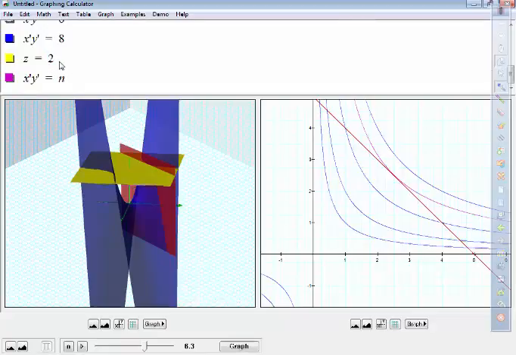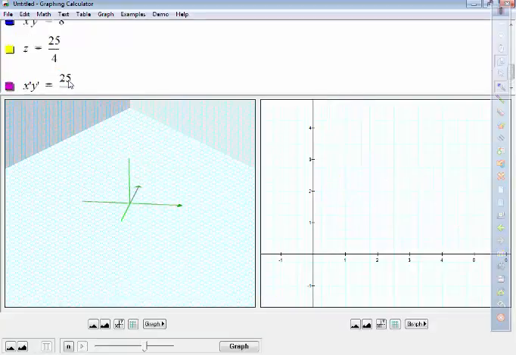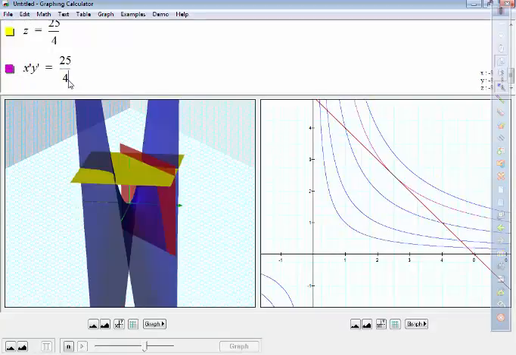If we put 25/4, we're going to get the exact level curve that we were looking for. So on the three-dimensional graph, you'll see it's at the tip. On this level curve graph, you see that they're kissing.